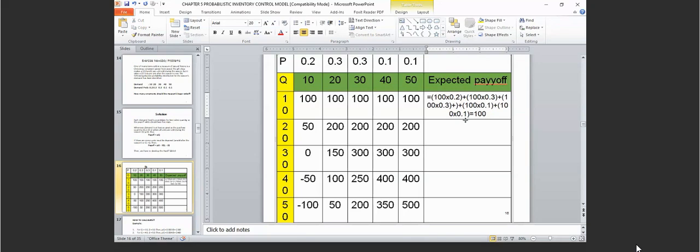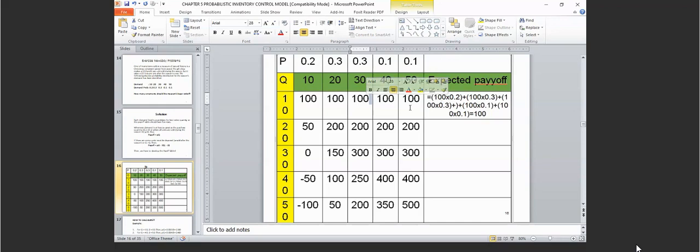Okay, so we calculate the expected payoff here with the 100 ringgit of profit. Here we have 100 ringgit of profit. So multiply with 0.2. For the first cell here we have 0.2 demand at 10 unit. So for the demand at 20 unit, the probability of 0.3. So 100 multiply with the 0.3 here, and the third cell here we have 100 also profit multiply with the probability of 0.3.